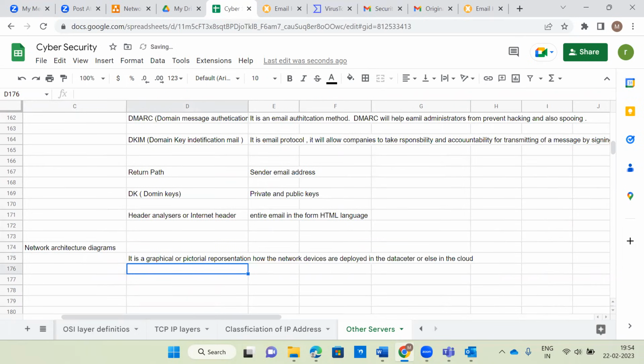Which types of devices are configured, from a picture point of view, that picture we call a network architecture diagram.